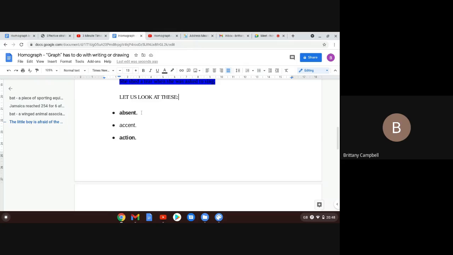Listen to this sentence. Most pupils were absent from school at least once. What do you think the word absent there means? Great job. So, it means that they were not present at least once.